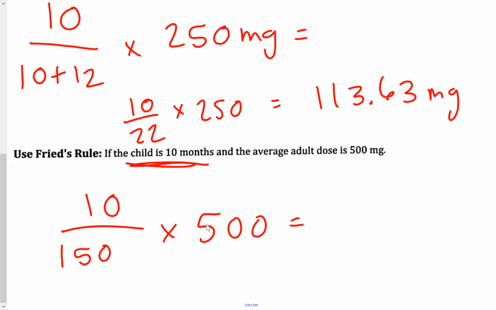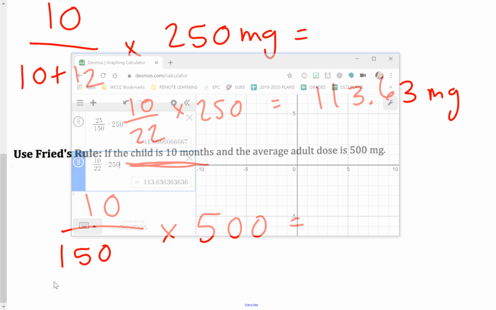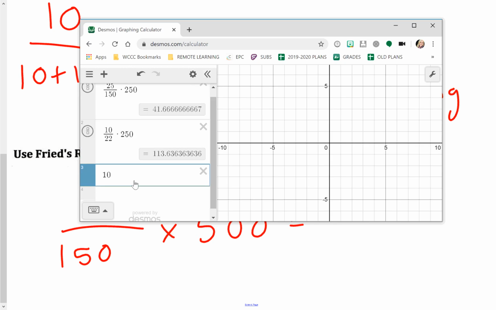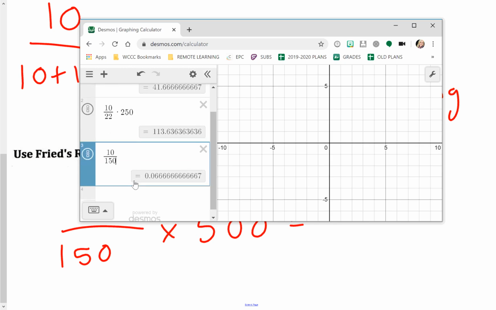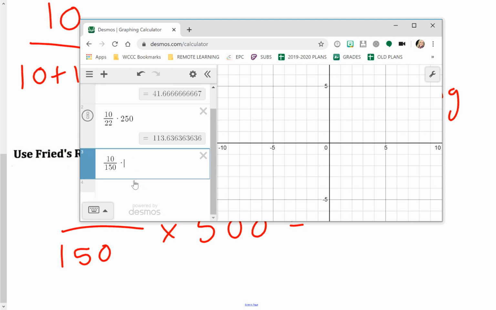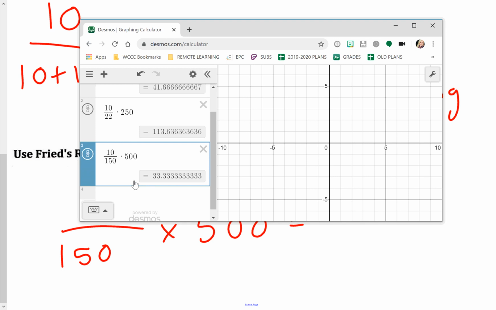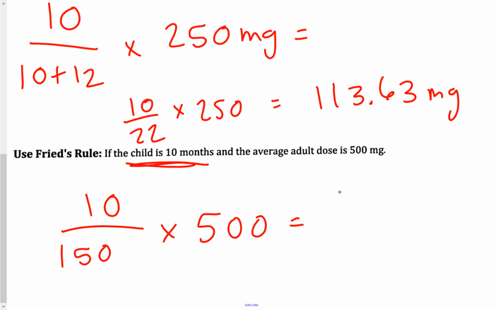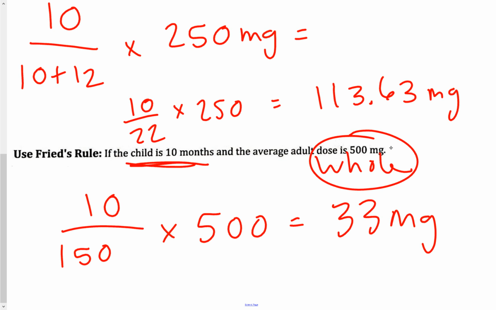So take 10 divided by 150, multiply that times the average adult dose of 500. And that is 33.33, or let's say that they said round it to the nearest whole number, even though it doesn't specify in the question, that would be 33.